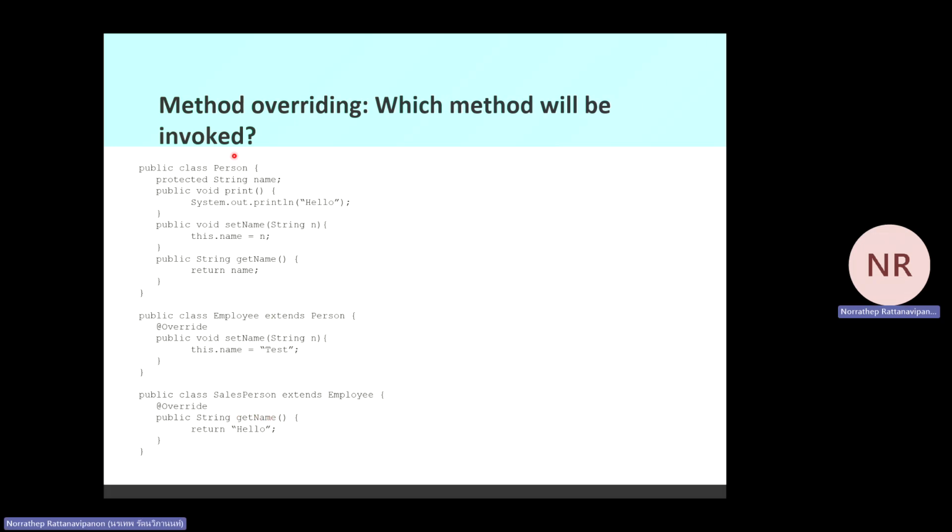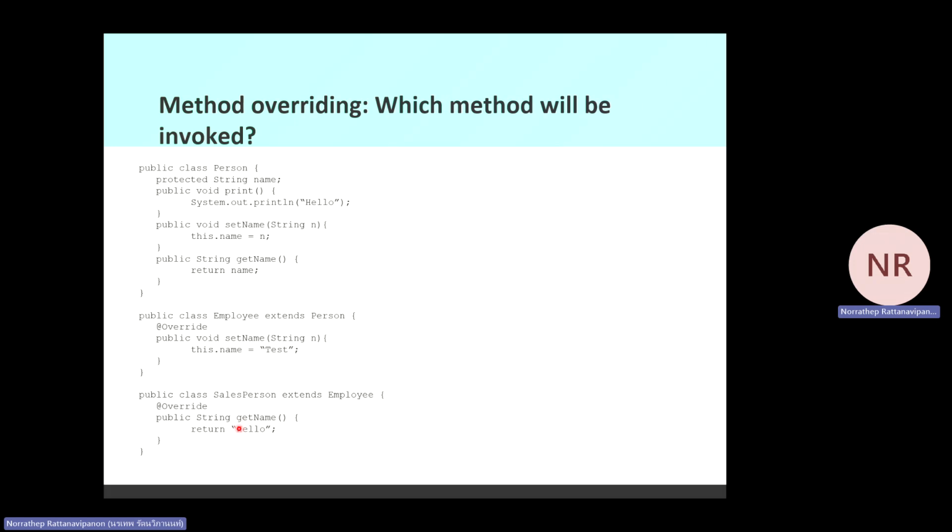Person has only one attribute, name, and three methods: print, set name, and get name. Employee has one method, set name, that overrides person's set name.